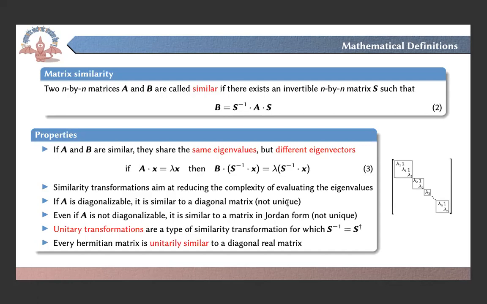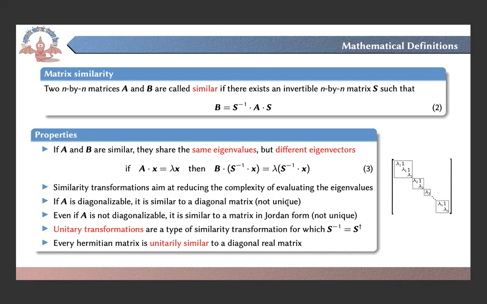What is nice as well is that even if A is not diagonalizable, it is not similar to a diagonal matrix, otherwise it would be diagonalizable, but it is similar to a matrix in Jordan form.